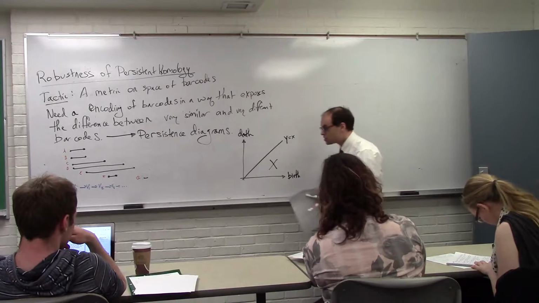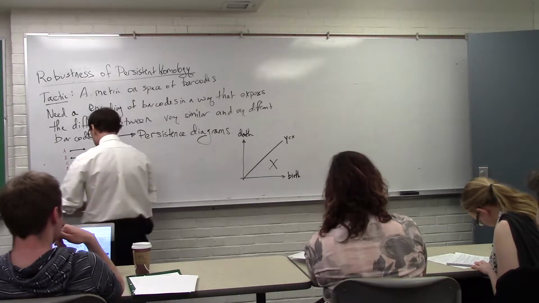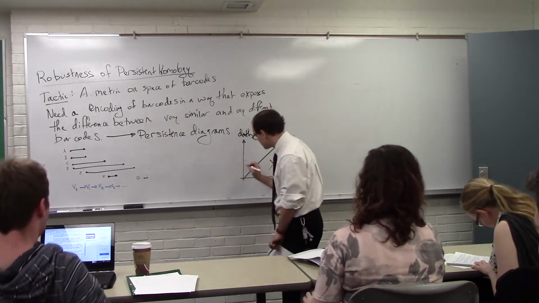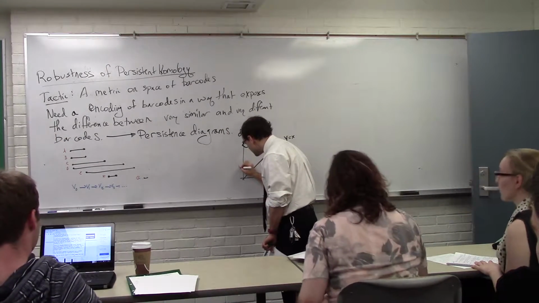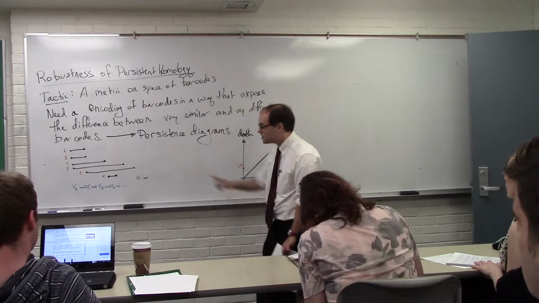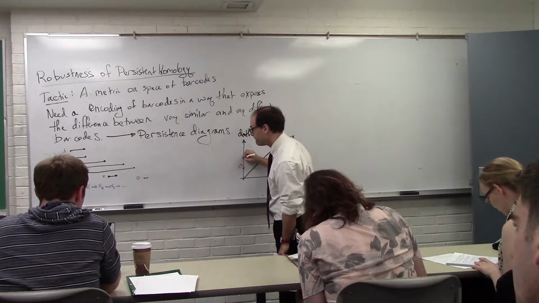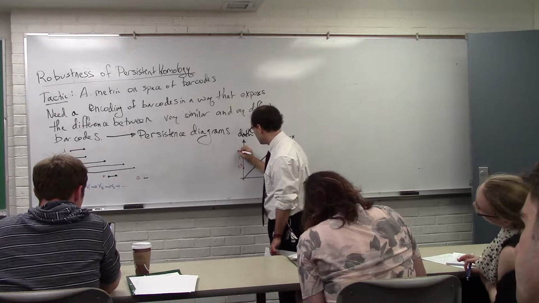Okay. So then, for instance, this A and B, they're born at time 0, they die sometime later. A is here, as is B. C is born at time 0, dies sometime later. Here's C, and here's D.